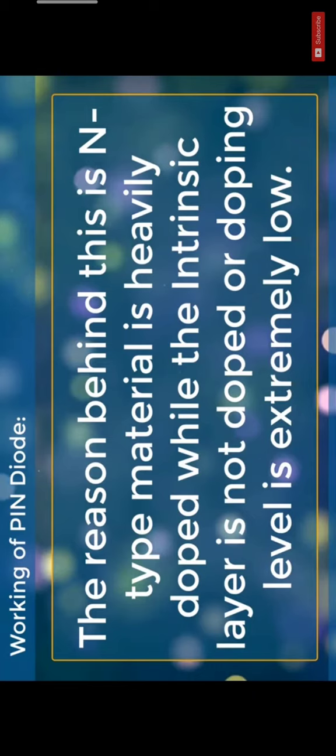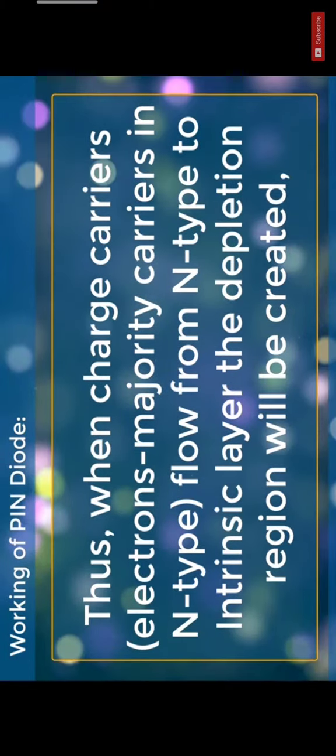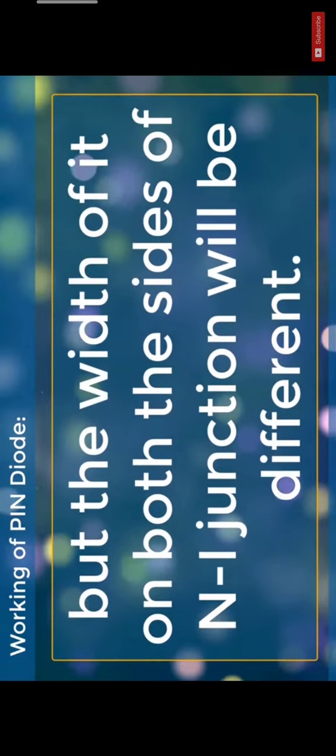The n-type material is heavily doped, while the intrinsic layer is not doped, or the doping level is extremely low. When charge carriers, the majority electrons in the n-type, flow from the n-type to the intrinsic layer, the depletion region will be created. But the widths of the n side and i side of the n-i junction will be different.